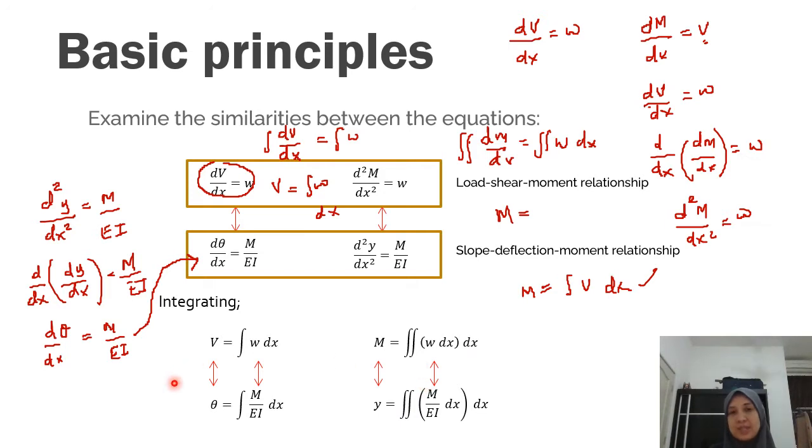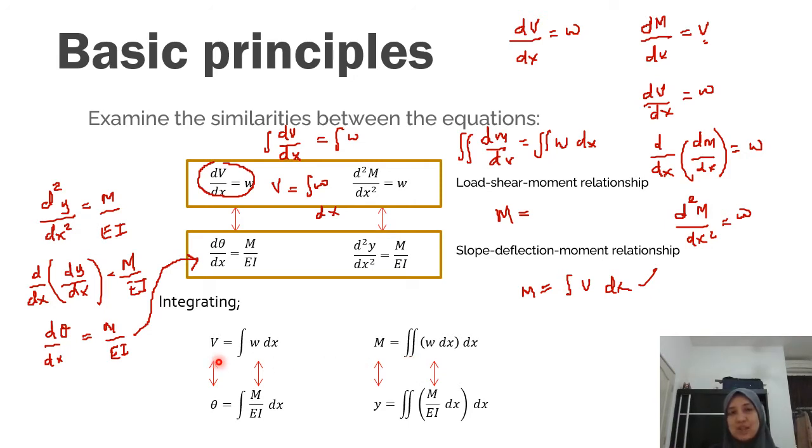I repeat the same thing for the second line of the equation, which relates my rotation to my moment. Rotation is a single integration of M over EI dx, and the deflection is the double integration of M over EI dx. You see here again it has a similar form of equation.